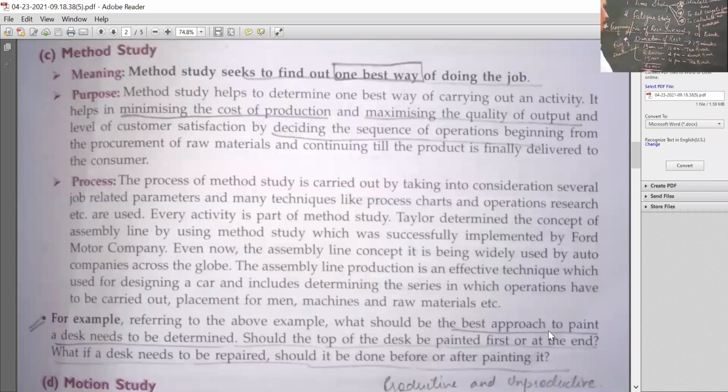Now method study is very easy, as its name is telling us, that scientific inquiry is required to find out the one best method of doing the work. What is the one best method? That we will come to know after observing or experimenting again and again, that what is the best way of doing this work.